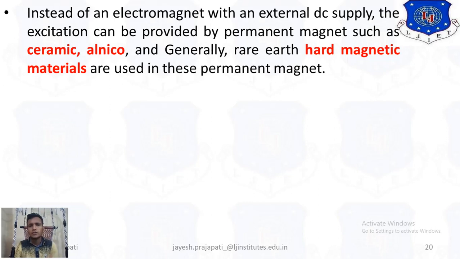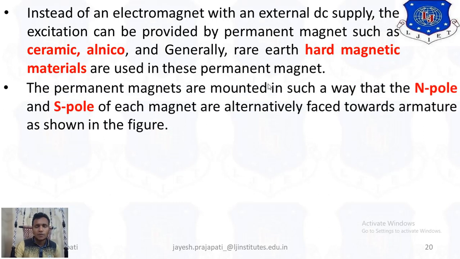The permanent magnets are mounted in such a way that the N pole and S pole of each magnet alternately face towards the armature, as shown in the figure.